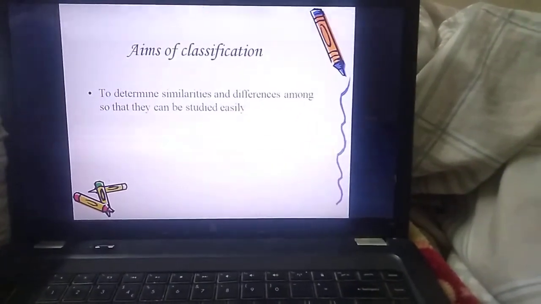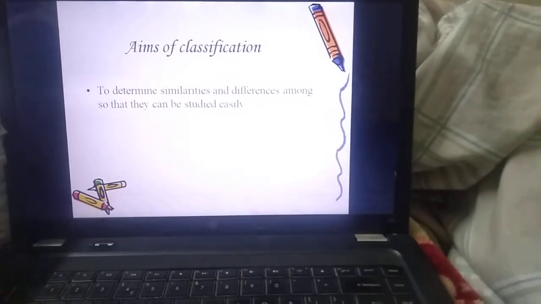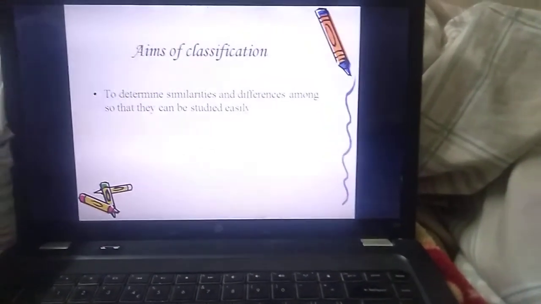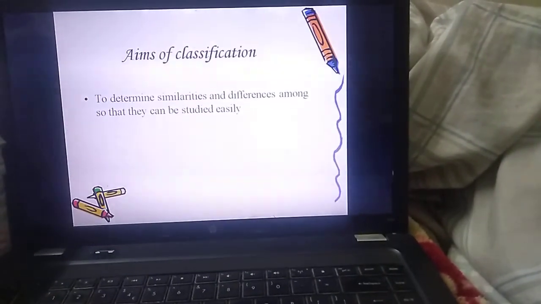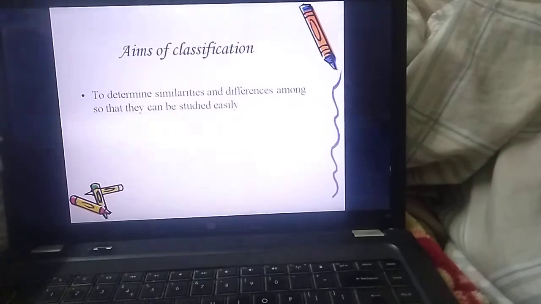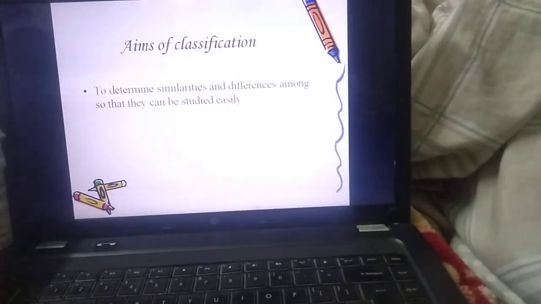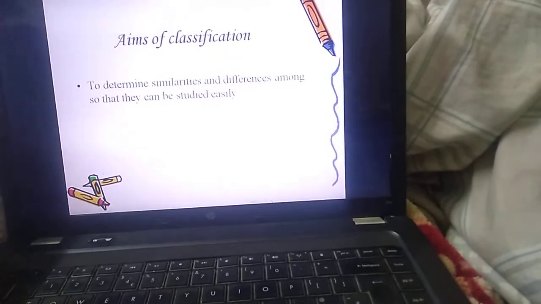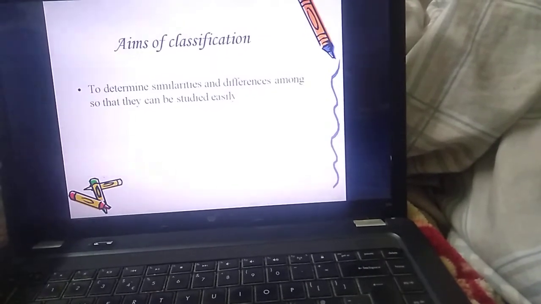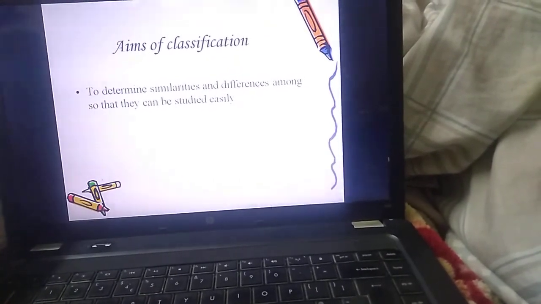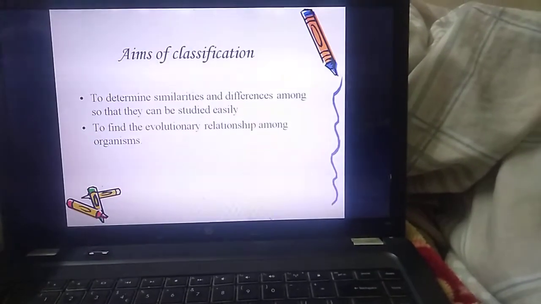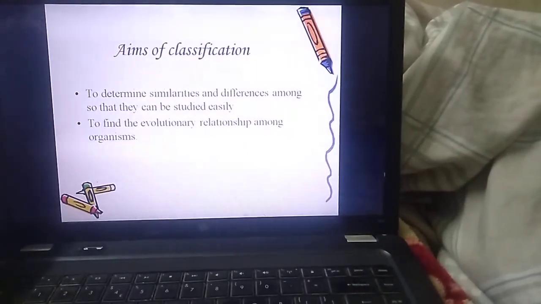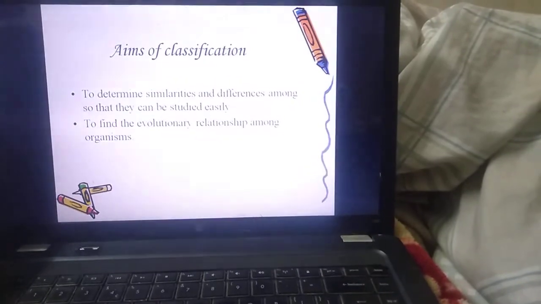Determine means find out, similarities means common things, and differences means different. So, to find out common things and differences among organisms, they can be studied easily. Second point is to find the evolutionary relationship between organisms or among organisms.